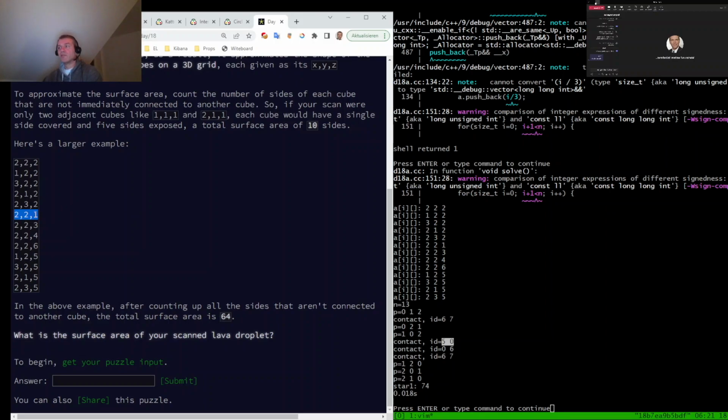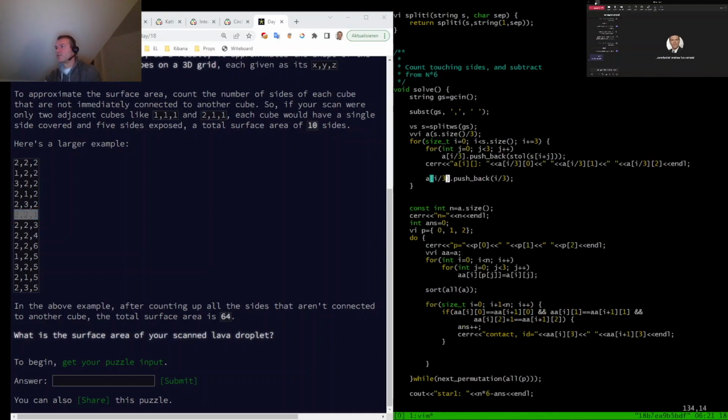So in one permutation, why do they not touch here in the first permutation? They should touch in the first permutation.